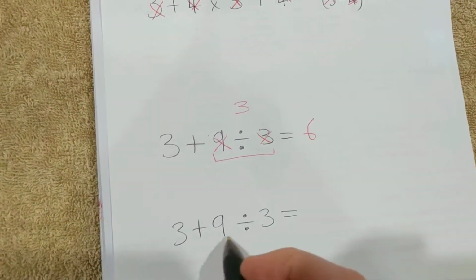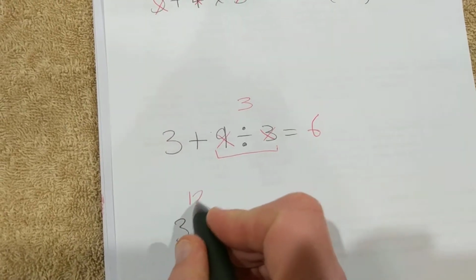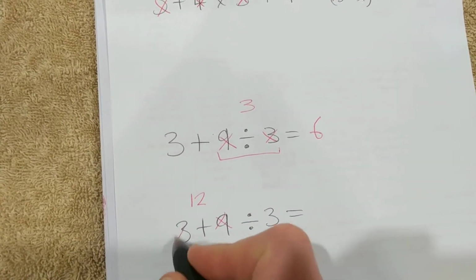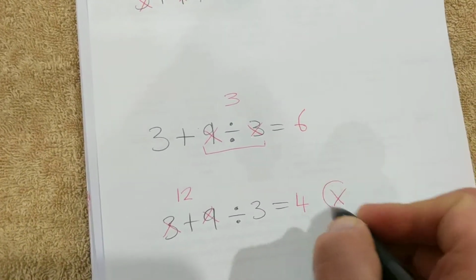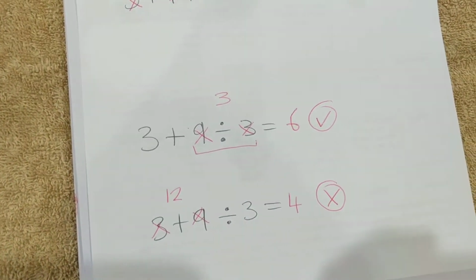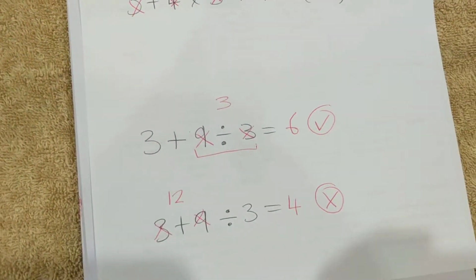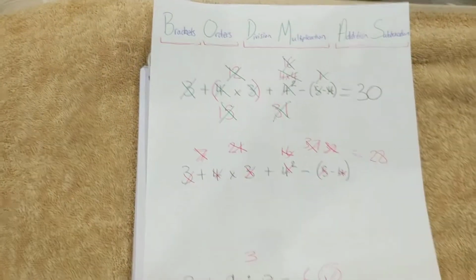If we'd done it the other way first, 3 plus 9, that'd be 12. And then 12 divided by 3 is 4. So this is very, very different to what the actual answer is, which is 6. So you can see how important it is to get that correct. And that's BODMAS.